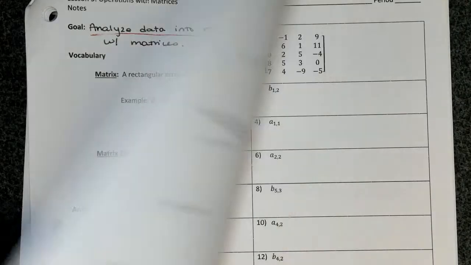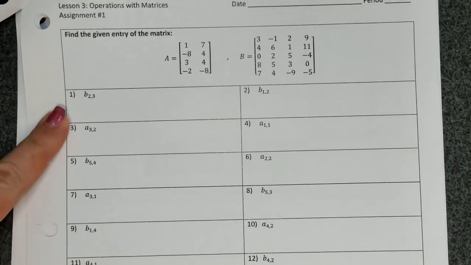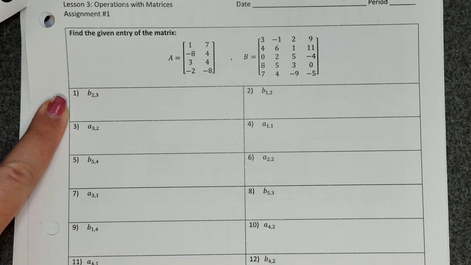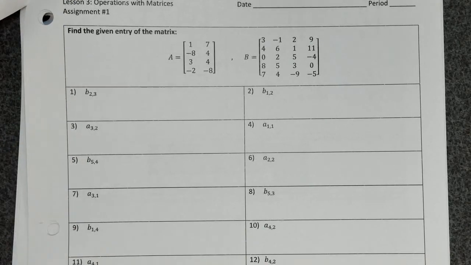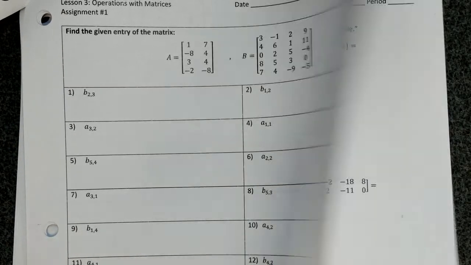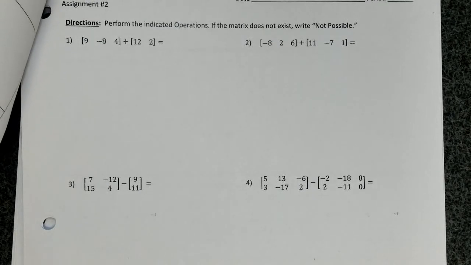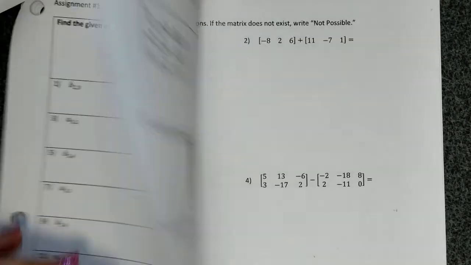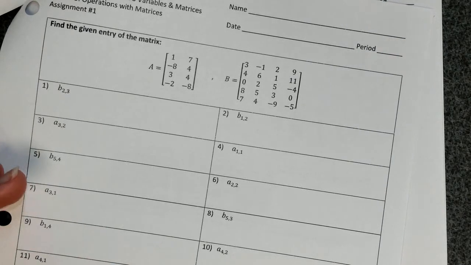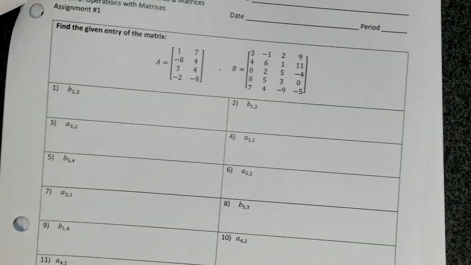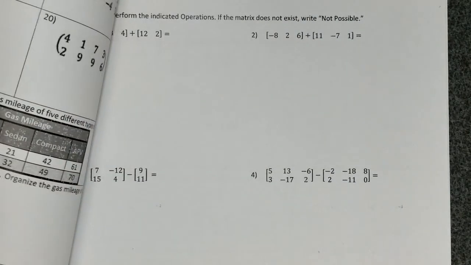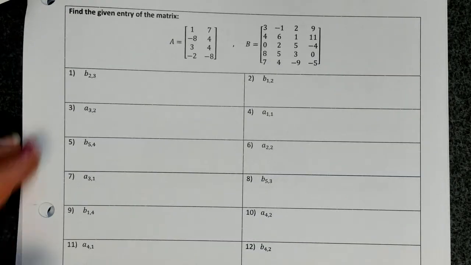Why don't we take a break from notes and let's do numbers 1 through 11. 1 through 20. Wait a minute. 1 through 20. Because in 13 through 20, you're just finding the dimensions.